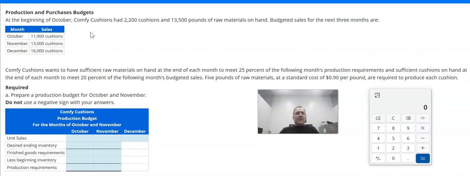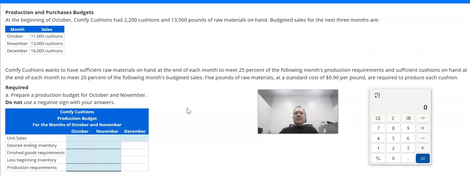The company wants to have sufficient raw materials on hand at the end of each month to meet 25% of the following month's production requirements, and sufficient cushions, again, that's the finished good, on hand at the end of each month to meet 20% of the following month's budgeted sales.